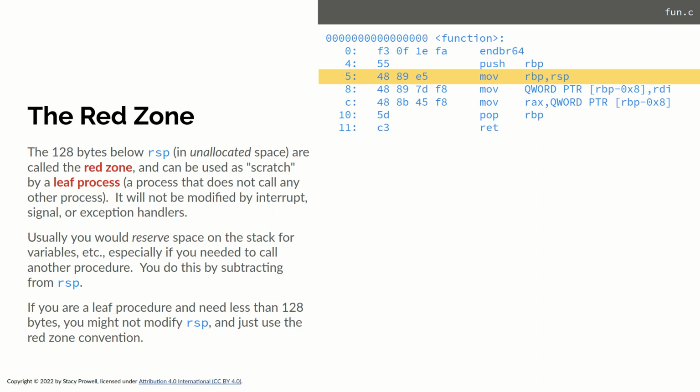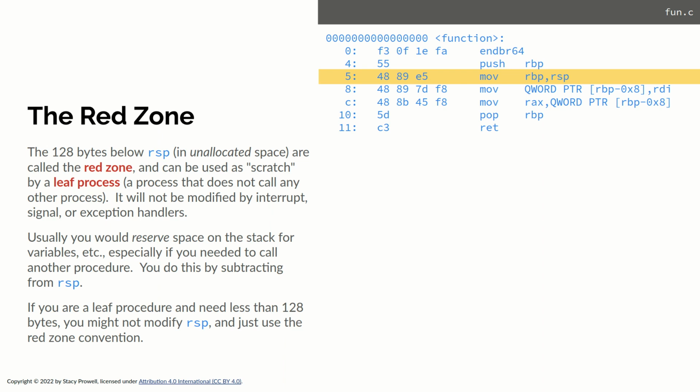And you can use them as scratch memory. You can just stick values in there and do what you want to do with that as if you owned it, because you basically do. Is that a good idea? If you're going to call another routine, it's a terrible idea, right? Because the first thing that will happen is the address you call will get pushed on the stack, which will overwrite part of the red zone, probably screw your stuff up.